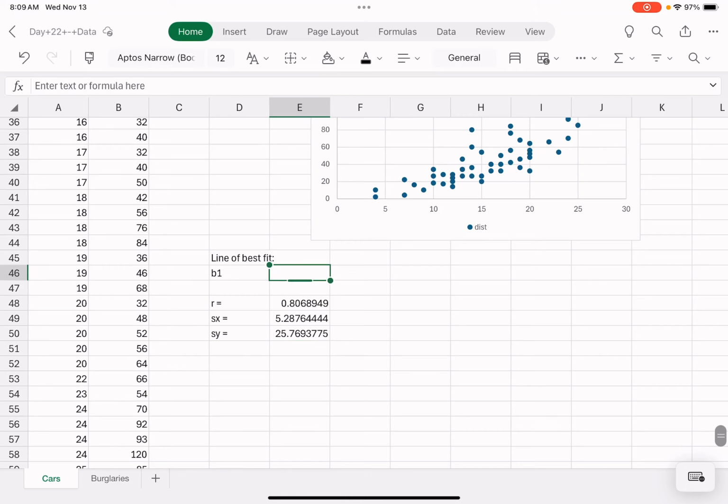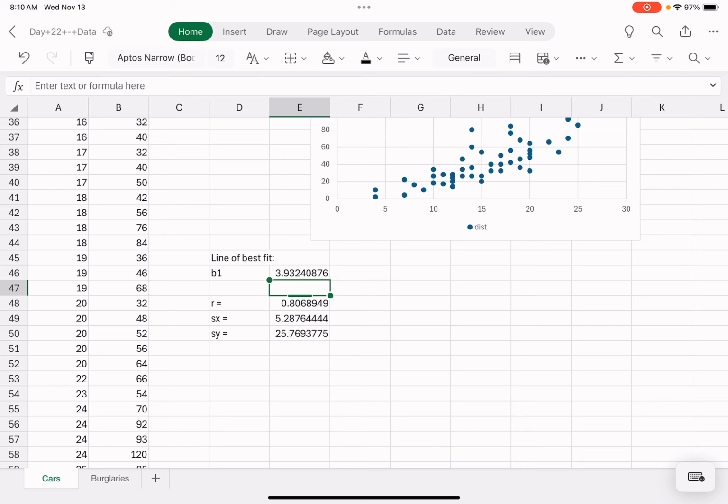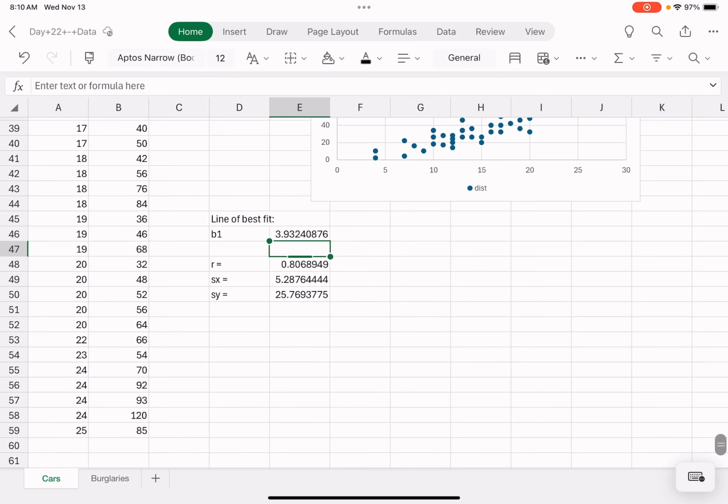And so B1 is going to equal R times SY divided by SX. How do I know it's SY over SX? Think about slope: change in Y over change in X. Press enter. There's my slope for the line of best fit.